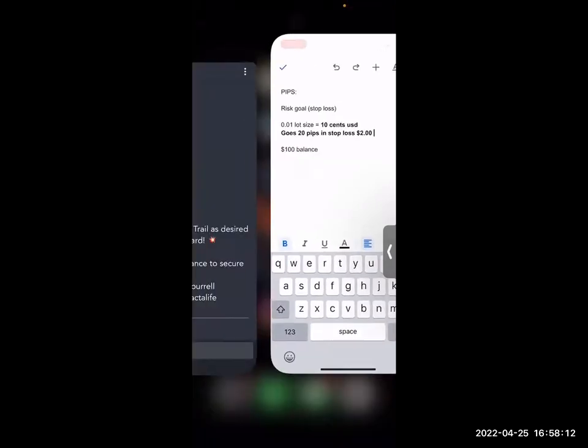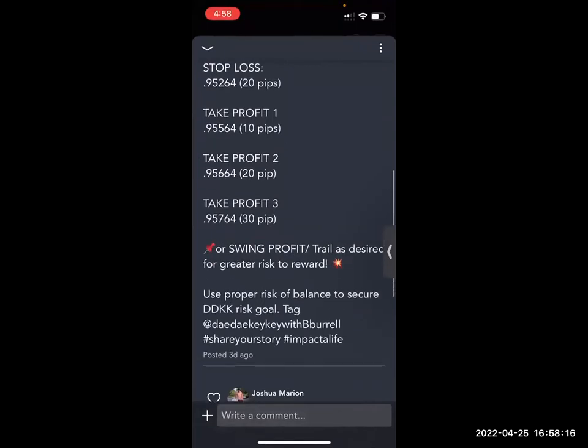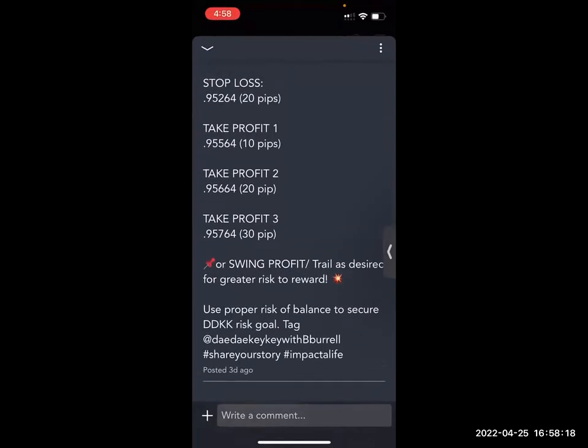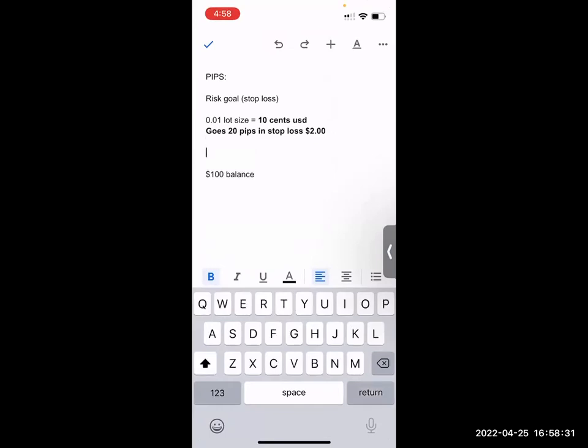Now, so what does that mean? When I send a signal out, ladies and gentlemen, and all you've invested was 10 cents, all you have to do is say, okay, well, I only put 10 cents in the market and the stop loss is 20 pips. The formula is your investment times the pips equals the loss. Okay, so I'm going to write that out.